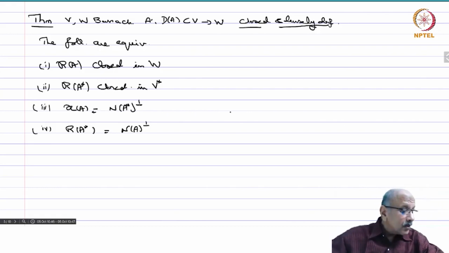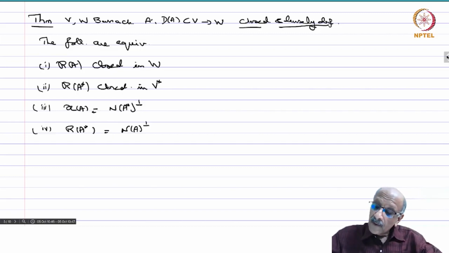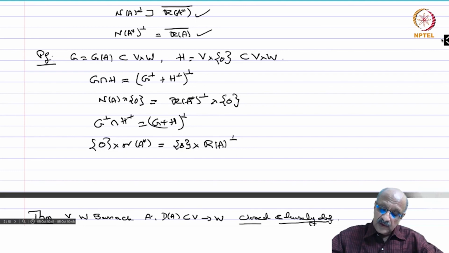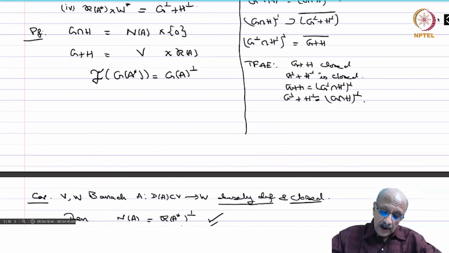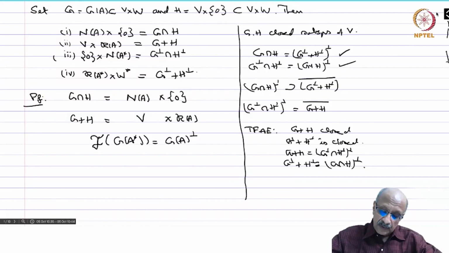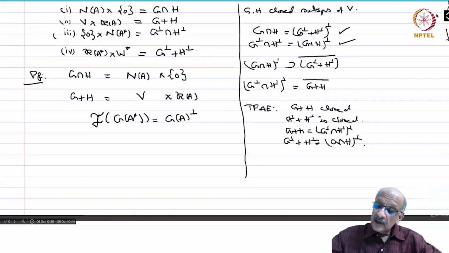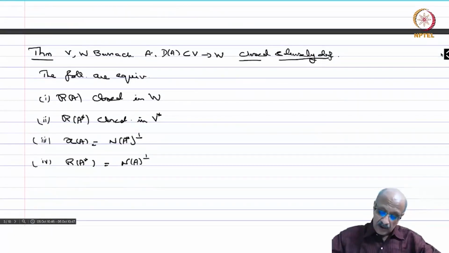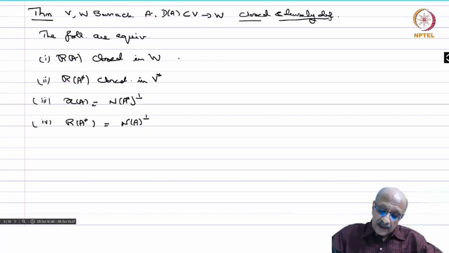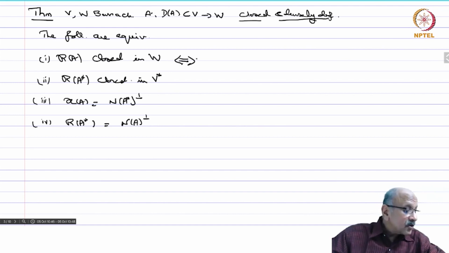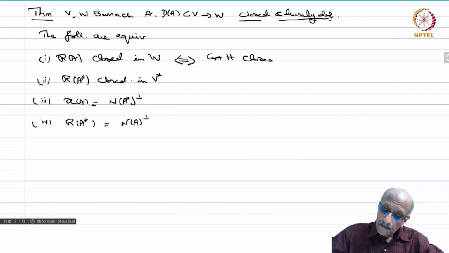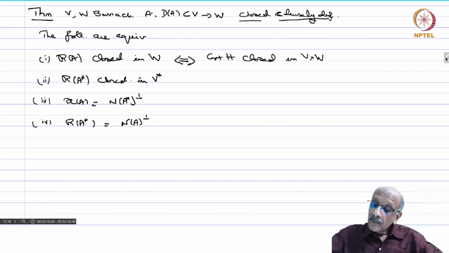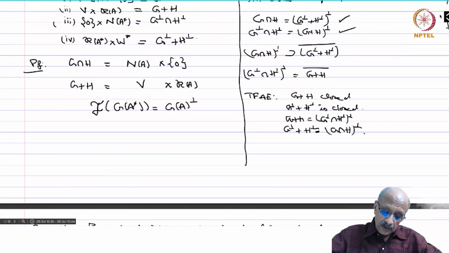Okay, so now if you look at the G and H definitions which we have given before, G equals GA, H equals V cross 0, and then we had various relationships between the two in this particular corollary. So if you go back and check all this, then this statement, range of A closed, is the same as saying G plus H is closed in V cross W, because what is G plus H?